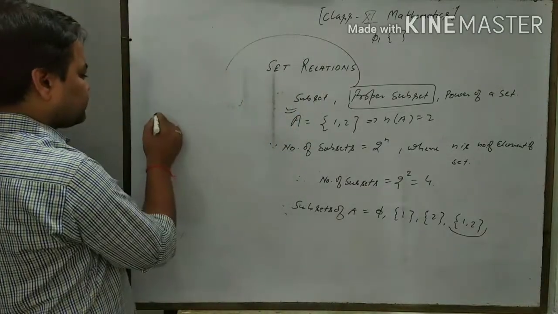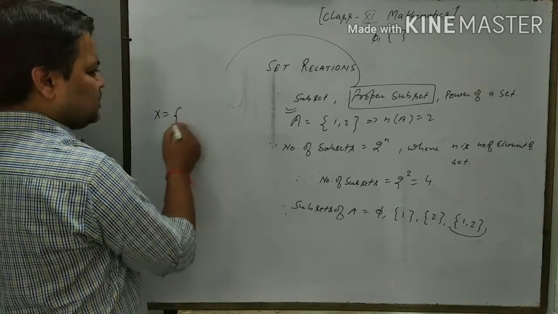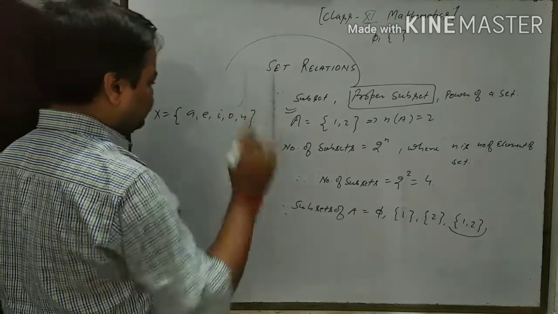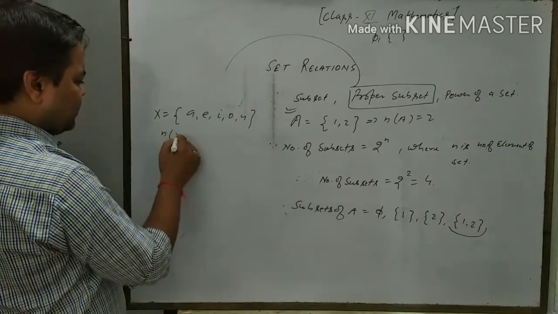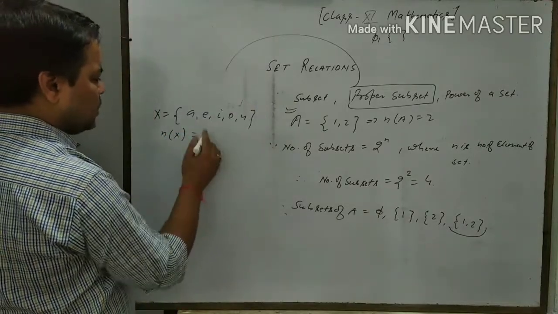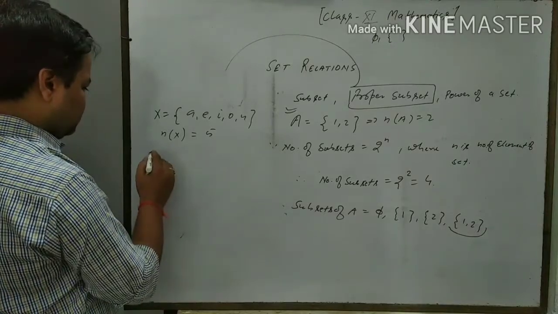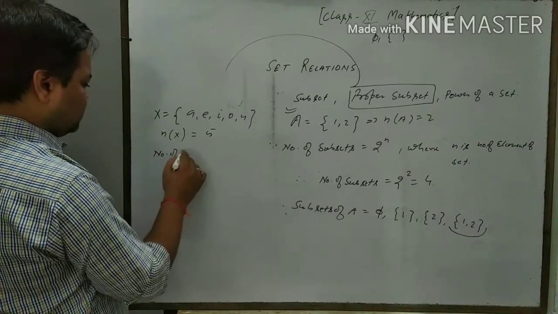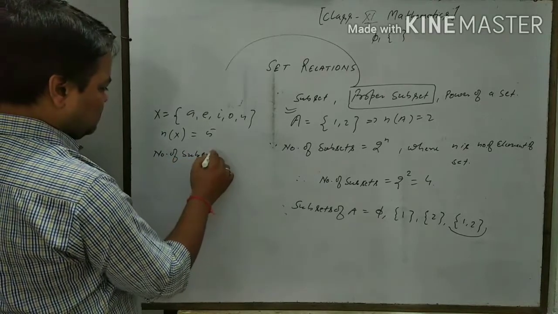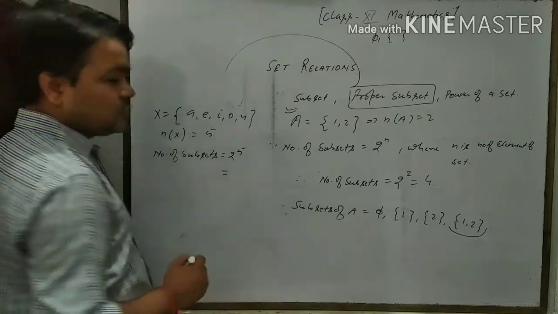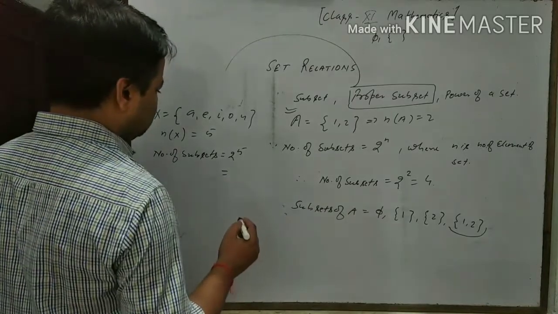Again, just take one more example. Here X = {A, E, I, O, U}. Okay, here the cardinal number of X is equal to what? 5. This implies that the number of subsets is what? 2 raised to the power 5, and 2 raised to the power 5 means 32.